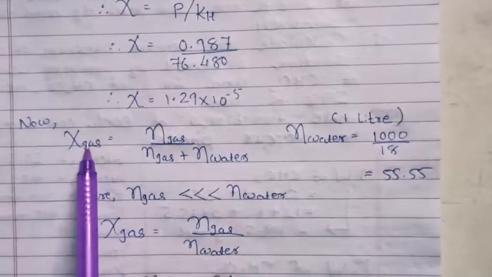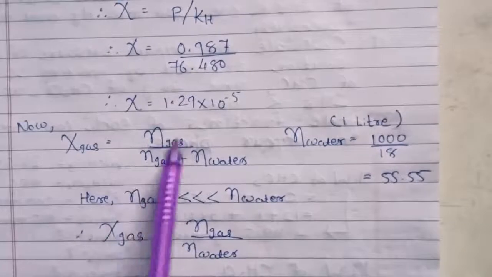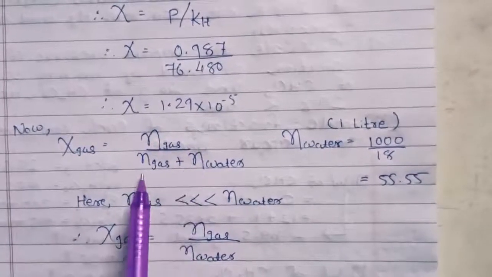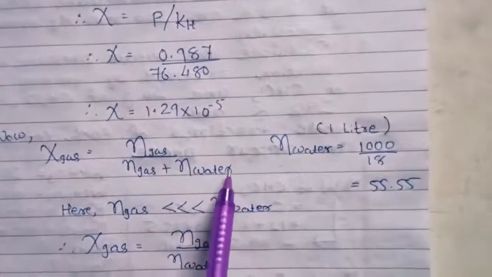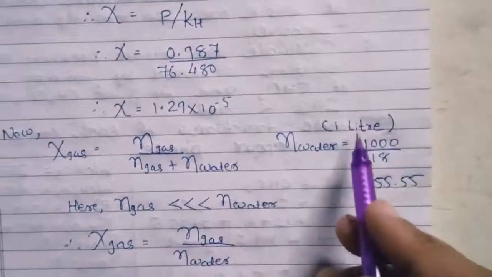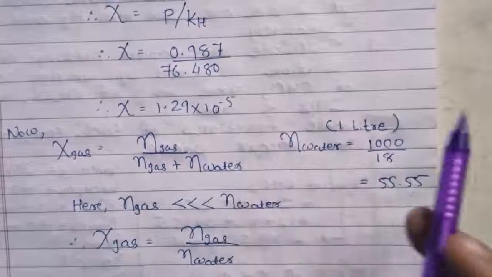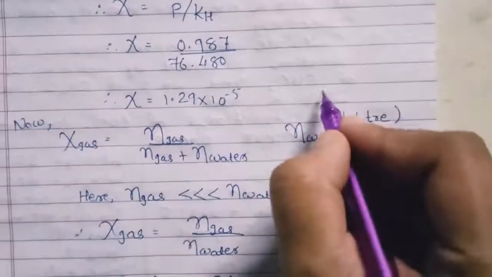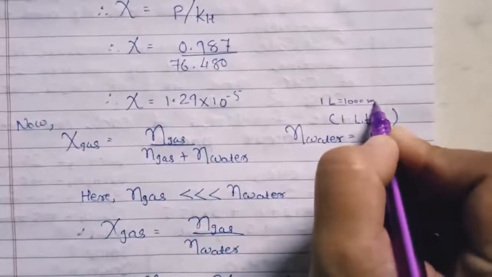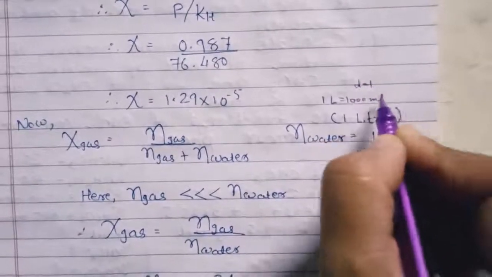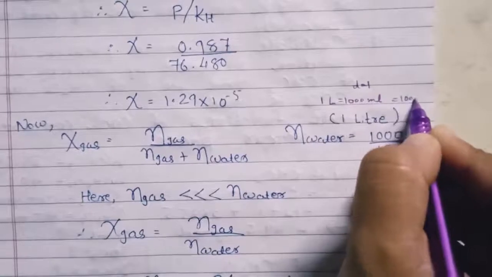Now here mole fraction equals moles of gas divided by moles of gas plus moles of water, right? Here it is given that we have to dissolve N2 in 1 liter of water, so 1 liter equals 1000 ml, and for water the density is 1, so we can say that it's equal to 1000 gram.